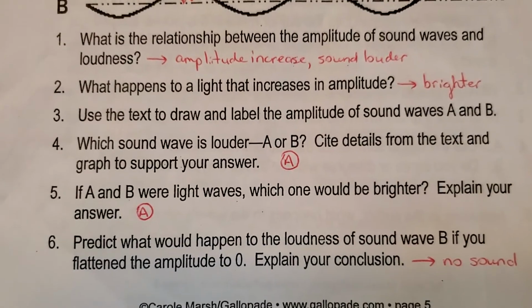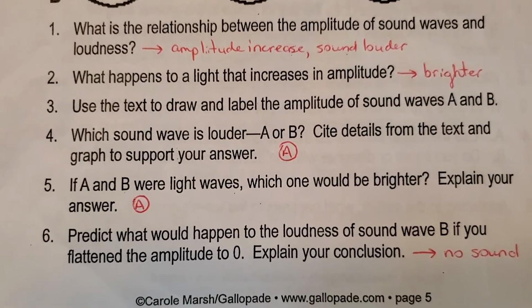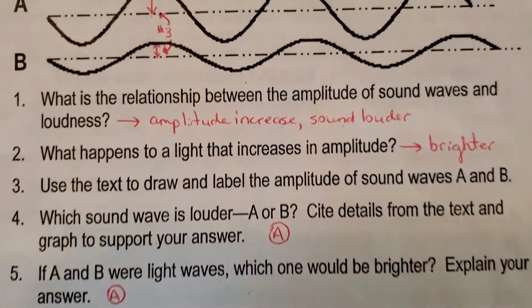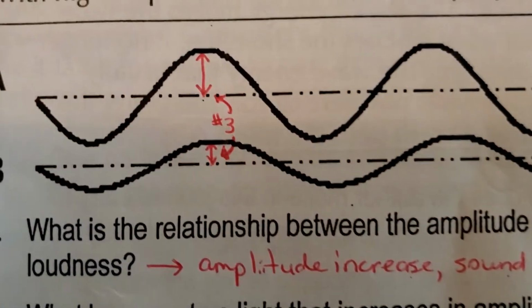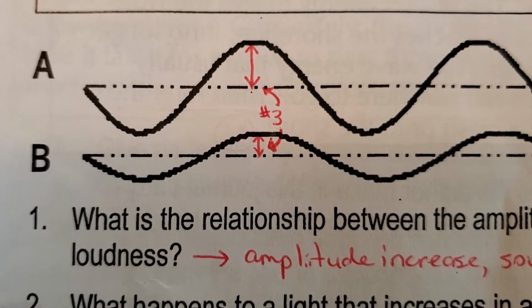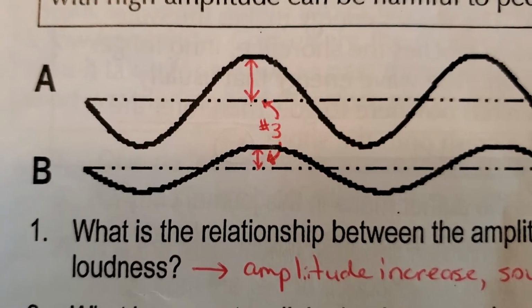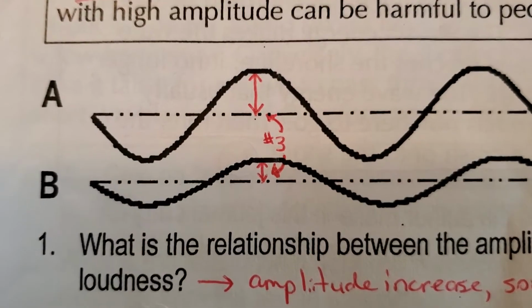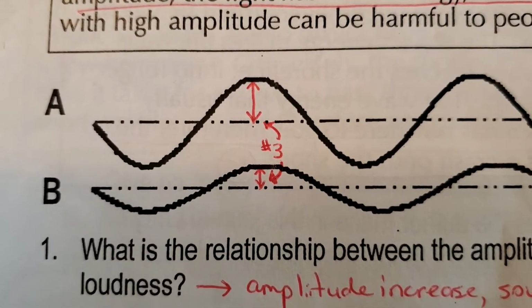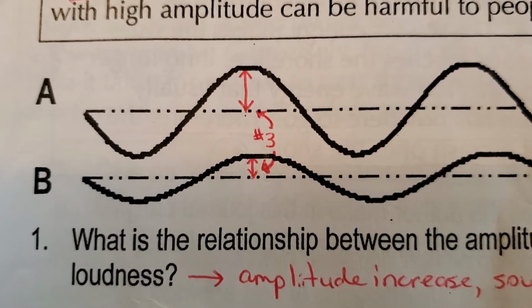And the last one. Predict what would happen to the loudness of sound wave B if you flattened the amplitude to 0. So there's sound wave B. It's already shorter than A. What if you made that wave flatter and you flattened it all the way down to 0? That means there's no amplitude at all.